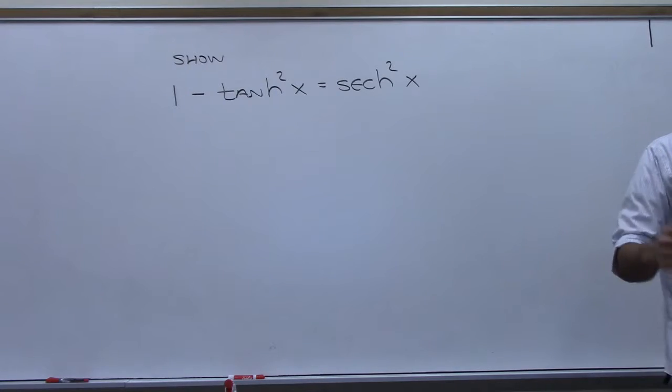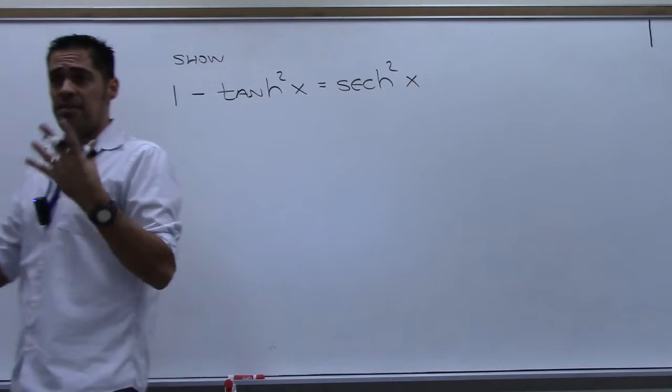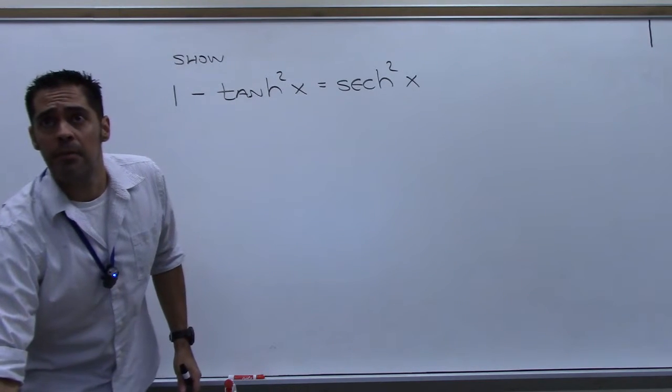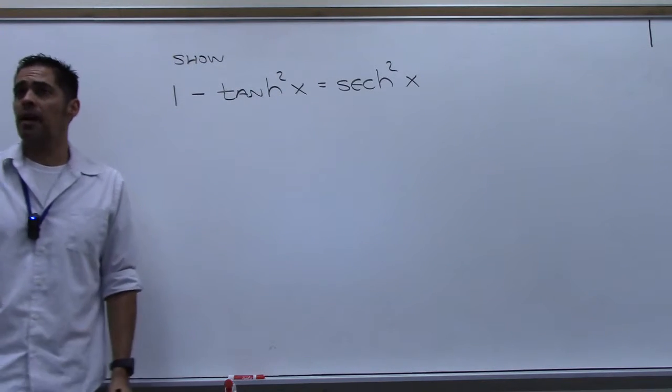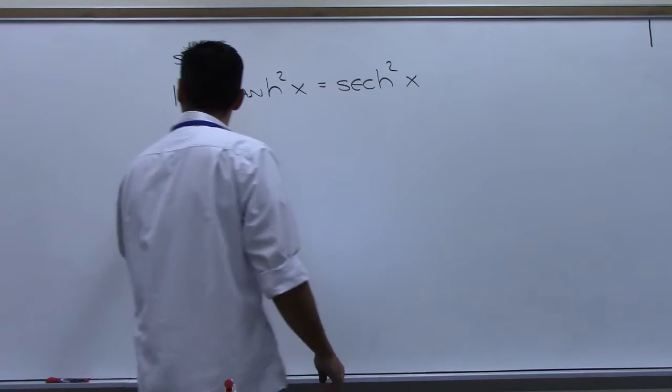You could do what we just did, right? You could rewrite one of these sides using the e's instead. But if we just proved the first identity, the one right above it, didn't we just prove that? Yeah.